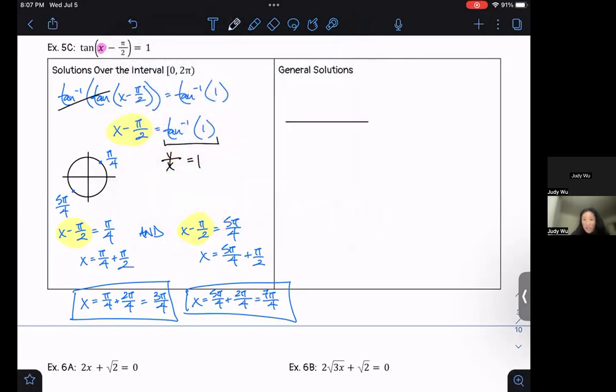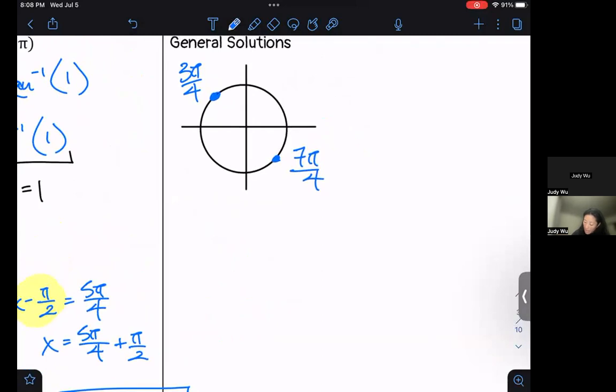Now, if I throw those on a unit circle, right, I end up with 3 pi over 4 and 7 pi over 4. All right. Now, I could write them as two separate statements, but I'm not going to, and I don't want you to either. And the reason for that is that these two are exactly halfway across the unit circle from each other. That means we can just say x equals 3 pi over 4.